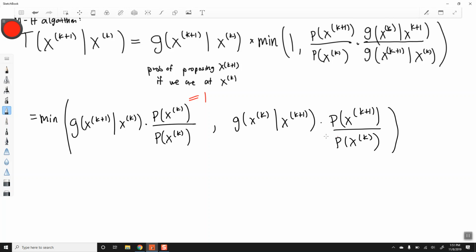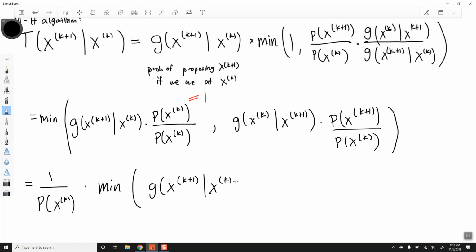And what I can then do is also pull out 1 over p of x sub k. Okay, and then we're going to have to stop here because we're running out of time. Or x super k. So I'm going to do this times the minimum of, all right, and then we'll stop.